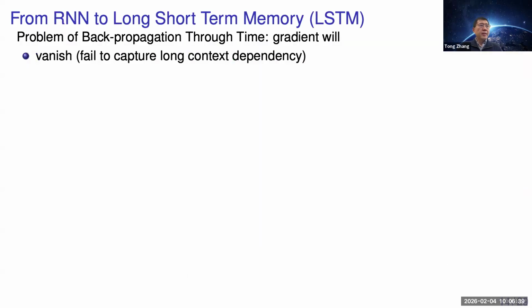Okay, so let's look at these. We want to go through the other recurrent models. This is roughly what we do. You should understand backpropagation through time, the concept, and why it can be slow.